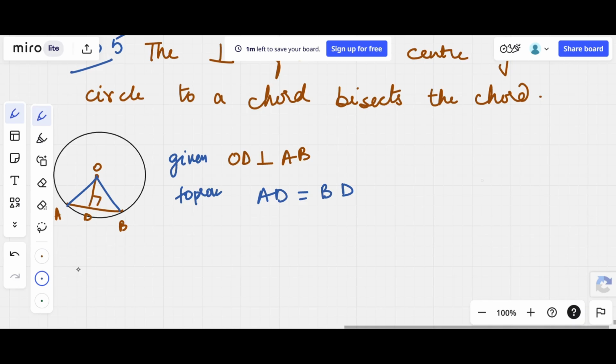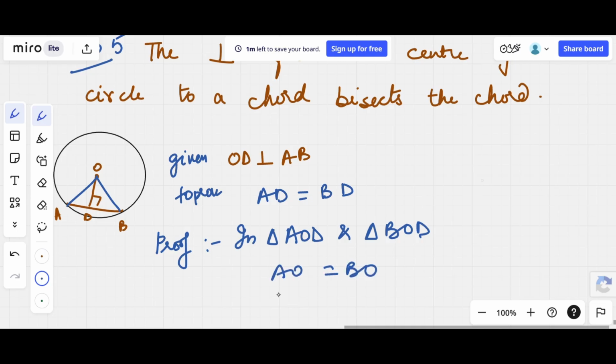How will you do that? Proof. In triangle AOD and triangle BOD, what is happening? AO equal to BO. Should I do all this? You all know, na? AD equal to BD?